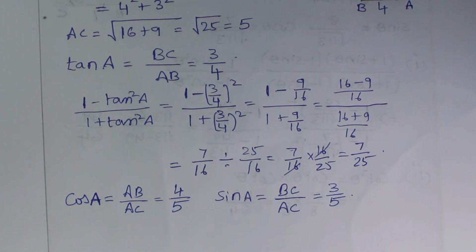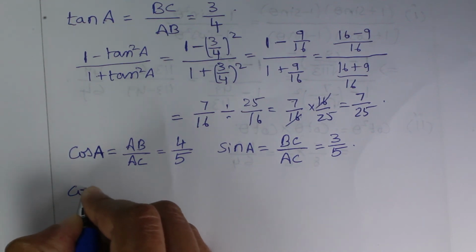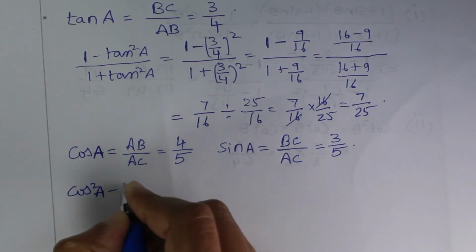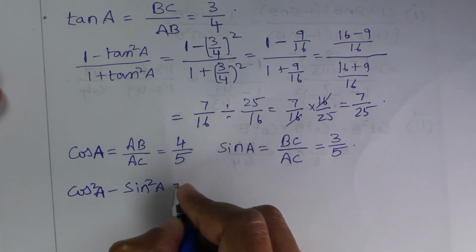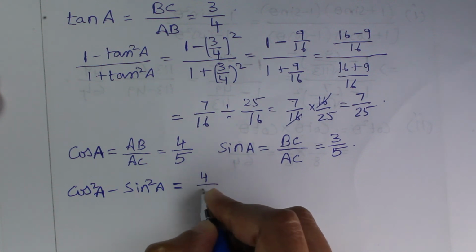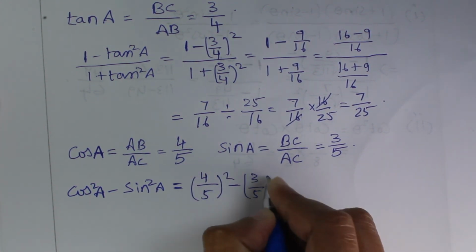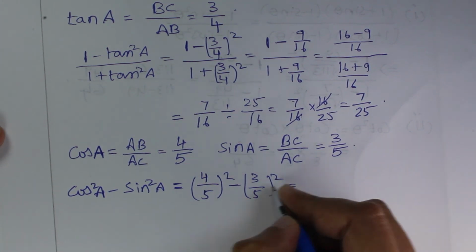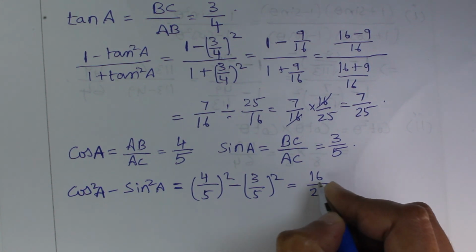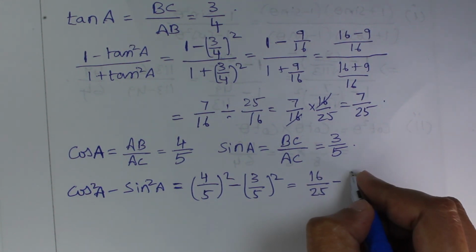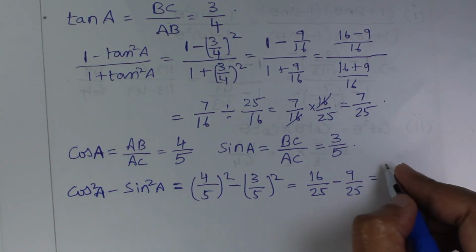Now let us calculate the value of cos square A minus sin square A. That is 4 by 5 whole square minus 3 by 5 whole square, which is 16 by 25 minus 9 by 25. 16 minus 9 is 7, so 7 by 25.